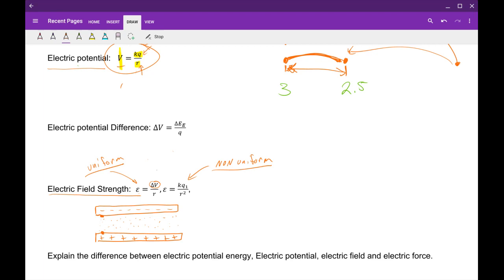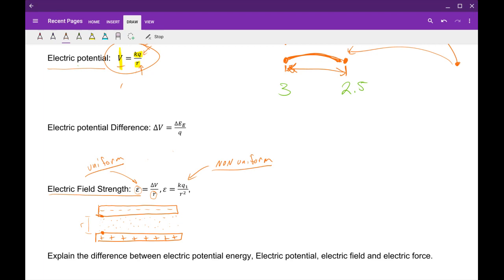And if I maintain the same potential difference, but r, what's r in this case? It's the distance between the plates. If I increase my r, my field strength becomes less. Look at this formula closely. Notice what happens if r gets big. Then what happens to this side of the equation? It becomes smaller, because imagine a fraction with a big denominator.